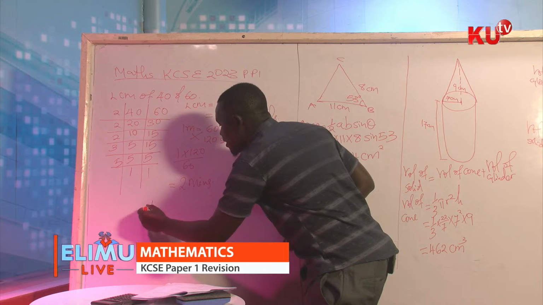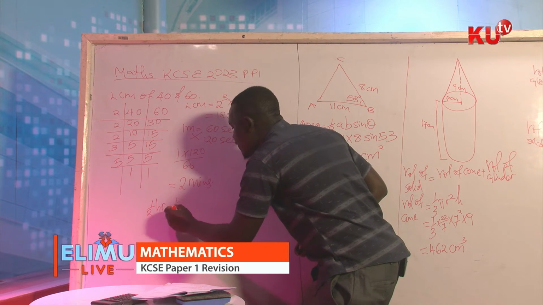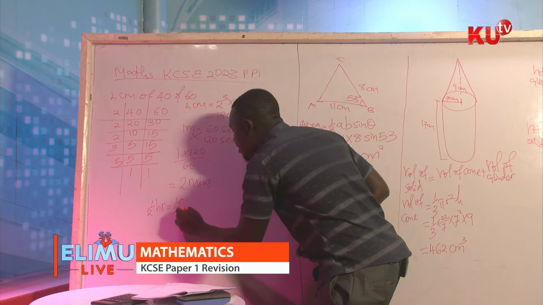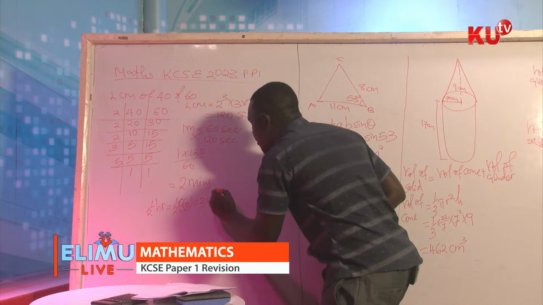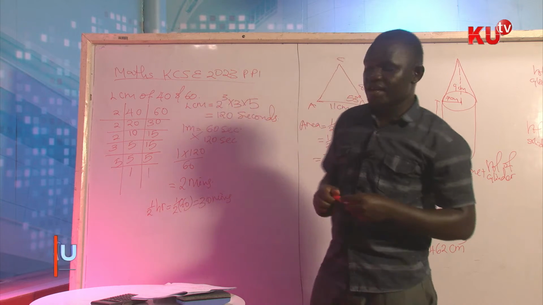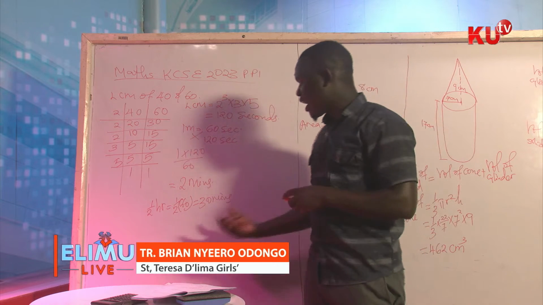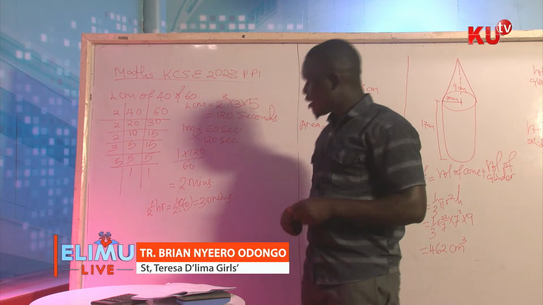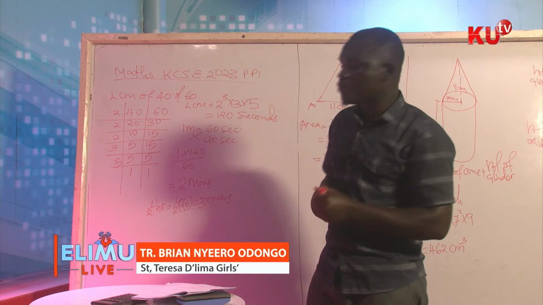When they say half of an hour, this is like saying a half of 60 minutes, which equals 30 minutes. So what this question is simply asking us, dear students, is how many times will these bulbs light together in 30 minutes? But you now realize that for every 2 minutes they are lighting up together.